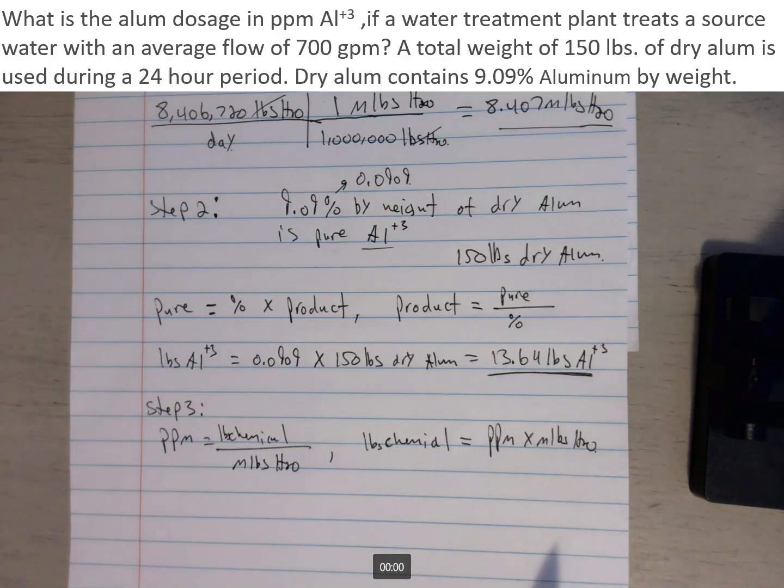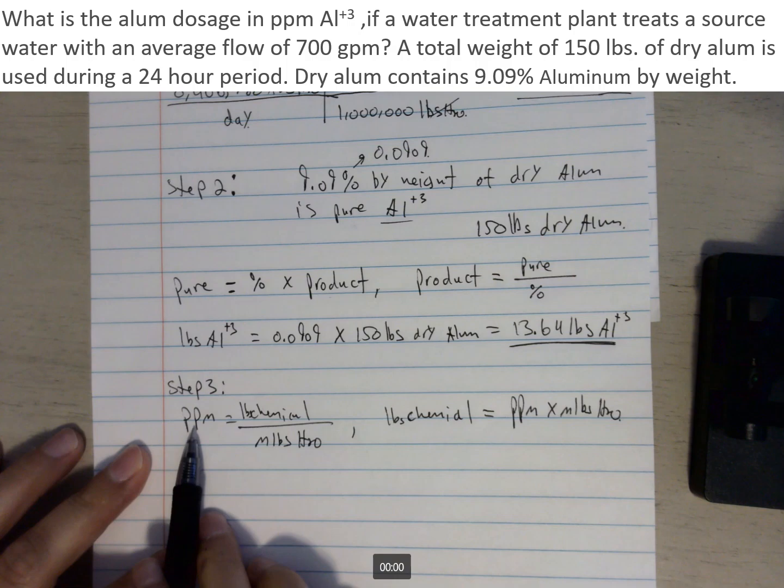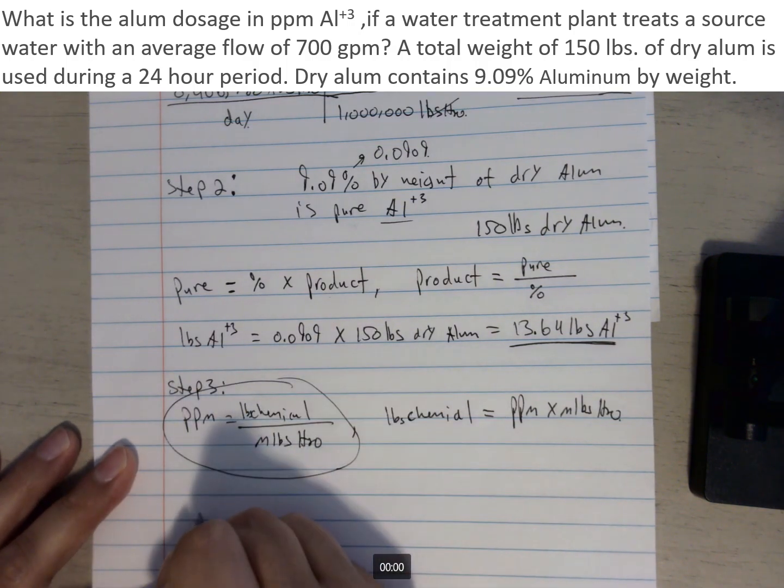In this case, it is asking us, what's our concentration in part per million of aluminum ion? So we're going to be using this form of the equation.